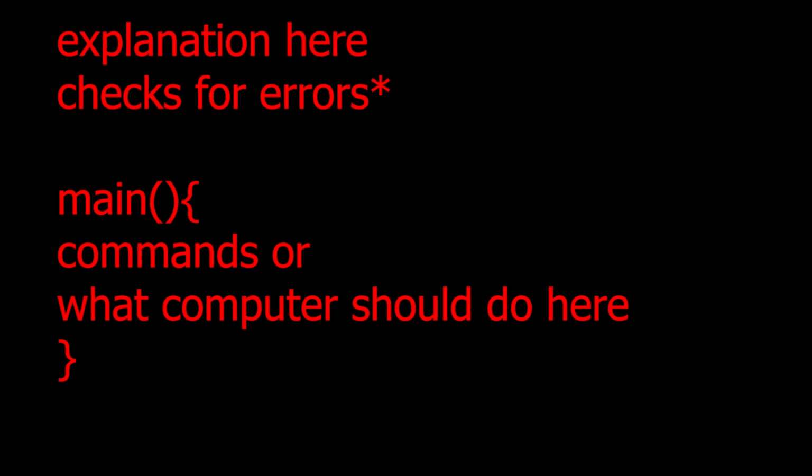What happens if you write outside of the main function? The computer will read it, analyze it, and check if it's right or wrong, but it won't execute it. For example, if you want to tell a computer to sit and stand once, then inside the main function you write sit once and stand once.